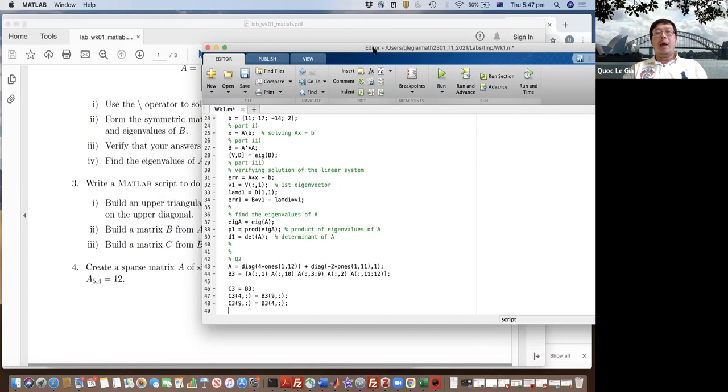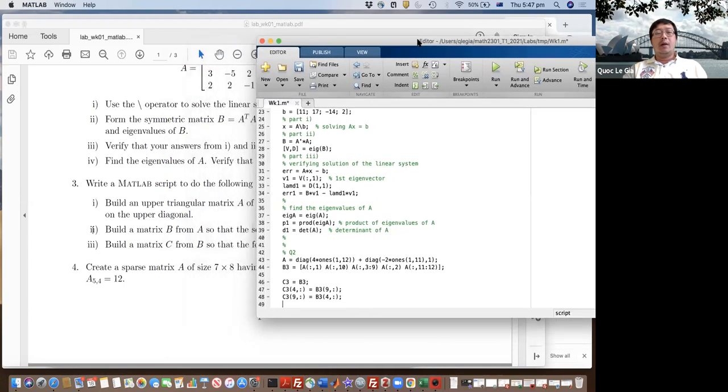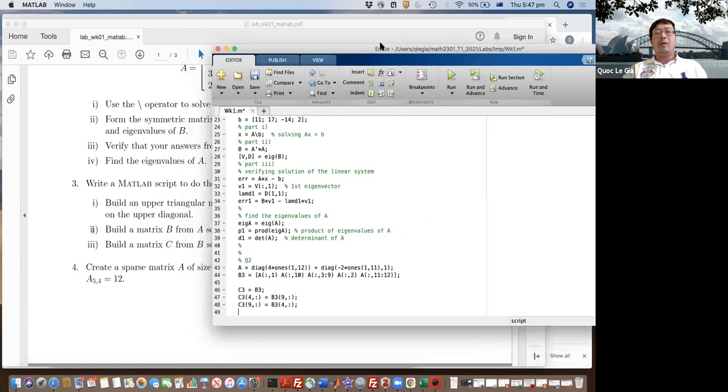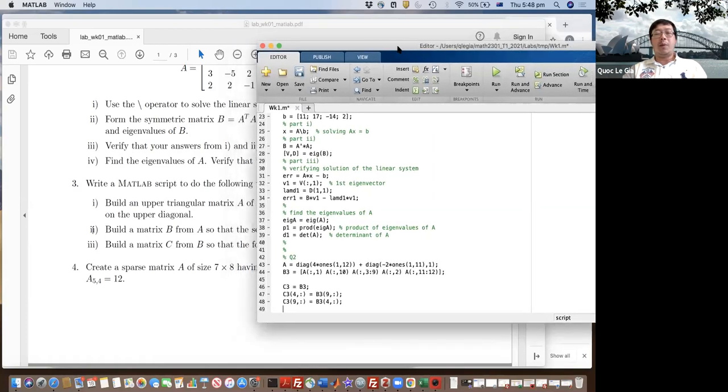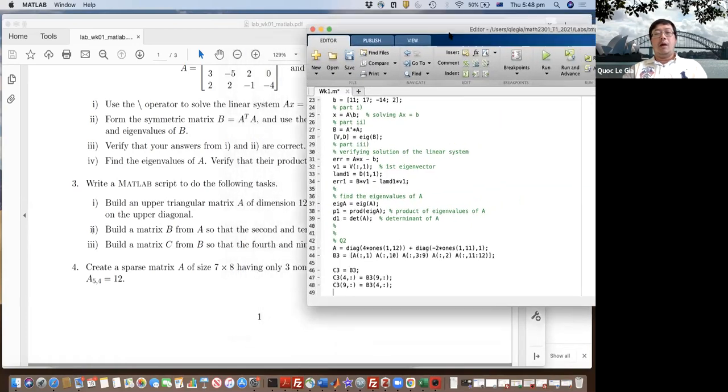So in MATLAB, they allow you to do this. Why are sparse matrices useful? Sometimes the computer doesn't have enough memory, because in engineering applications you can have a billion by a billion matrix, which takes a lot of memory. So they save it as a sparse matrix.